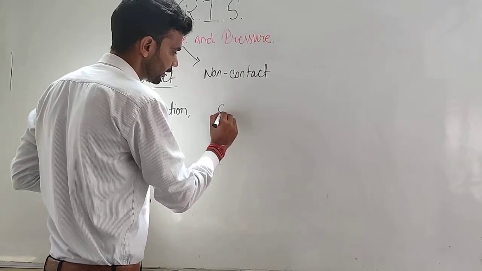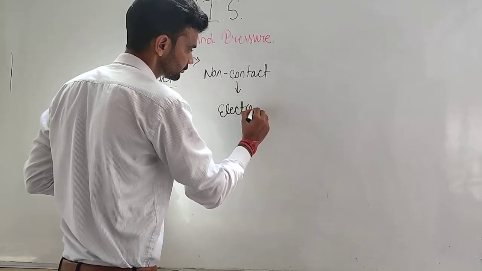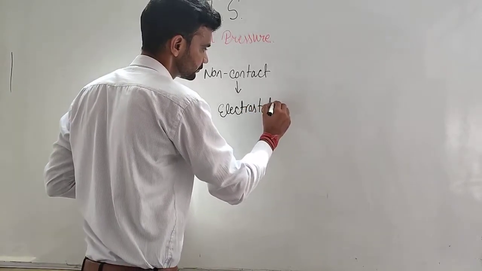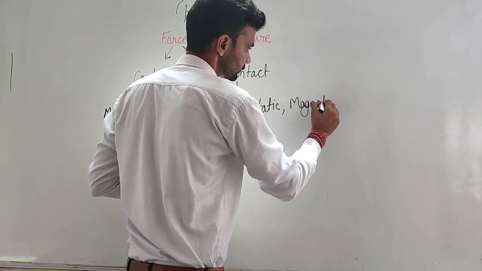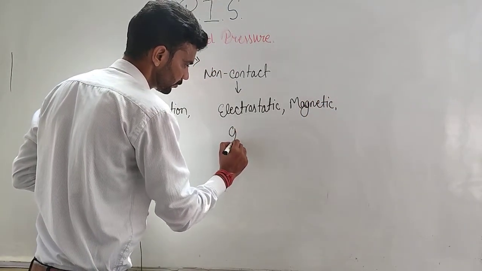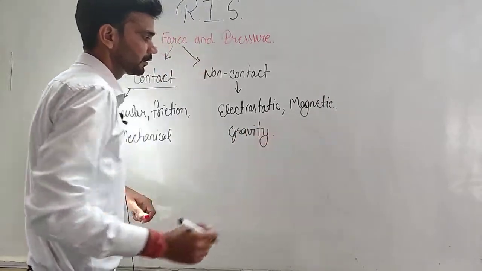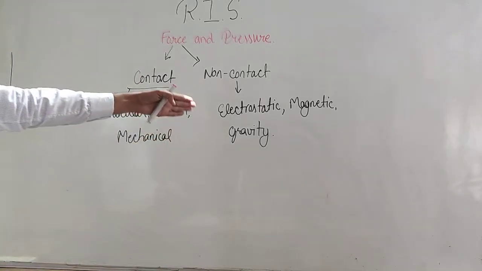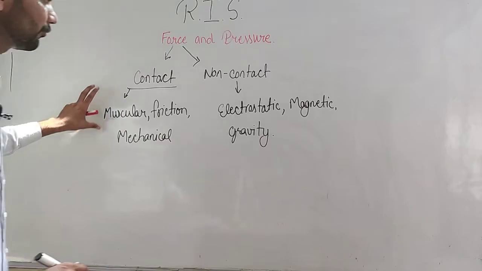Examples: electrostatic, magnetic, gravitational force. These are the examples of non-contact force. Muscular, friction and mechanical force are the examples of contact force.